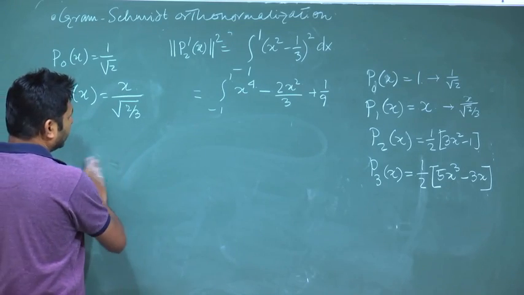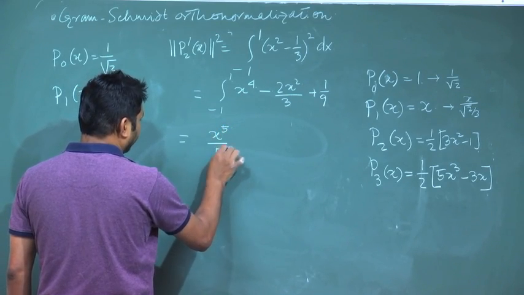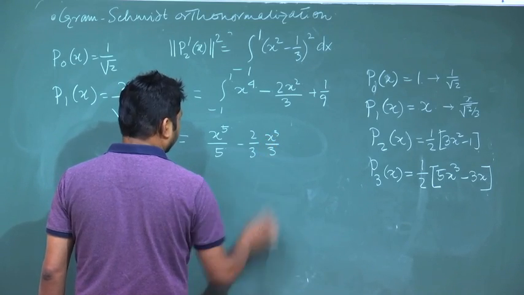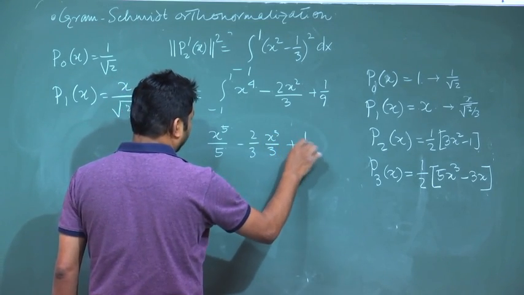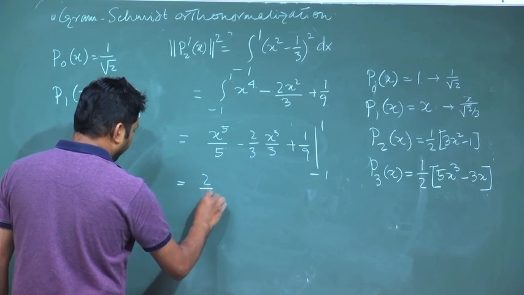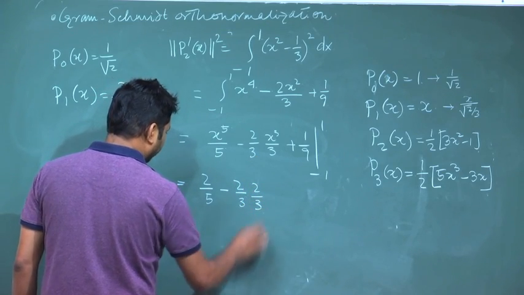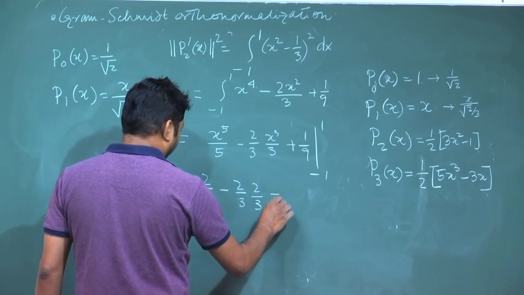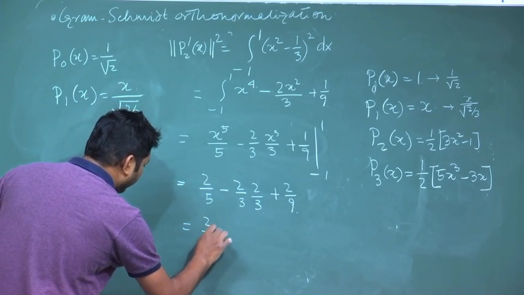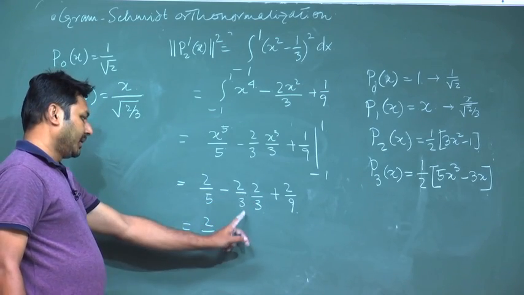So, if I integrate, it will be x to the power 5 by 5 minus 2/3 times x cube by 3 plus 1 by 9 x, with the limit minus 1 to 1. If I put that in, it will be 2 by 5 minus 2 by 3 into 2 by 3 and plus 2 by 9. So, it will be 2 by 5 minus, this is 4 by 9, this is 2 by 9.